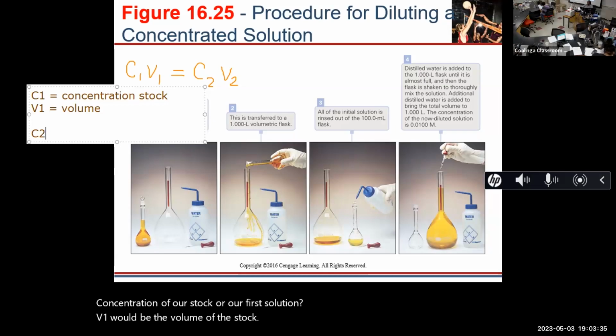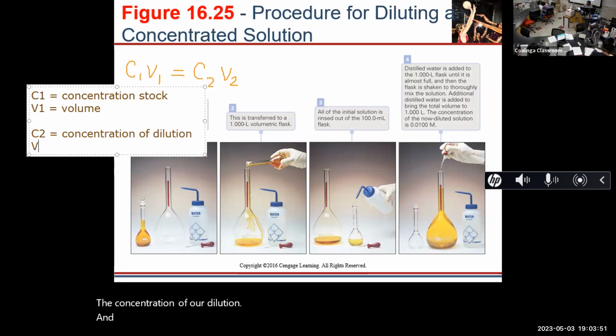C2 is going to equal the concentration of our dilution. And V2 would be its volume.